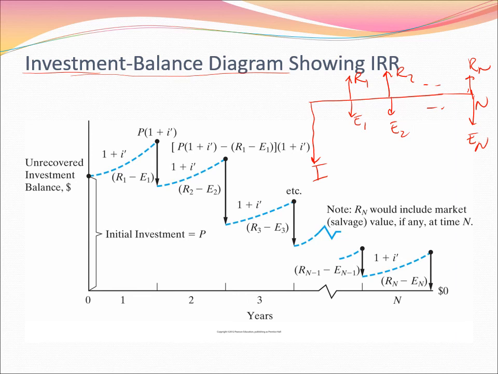And also, we expect that these revenues should be greater than these expenses. Otherwise, there is no way to recover your initial investment. Okay? If the present worth of the total expenses is larger than the present worth of the total revenues, then there is no way that you can make profit.